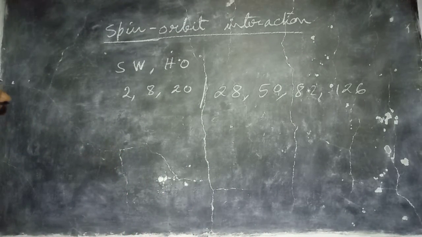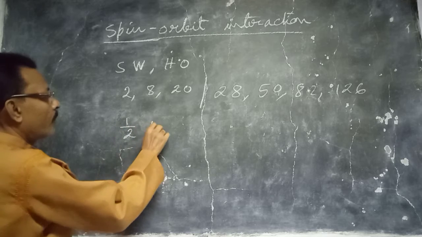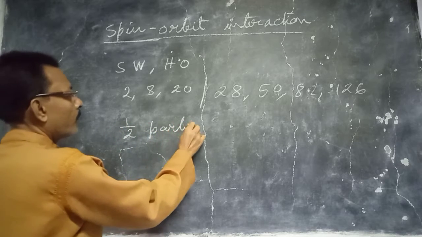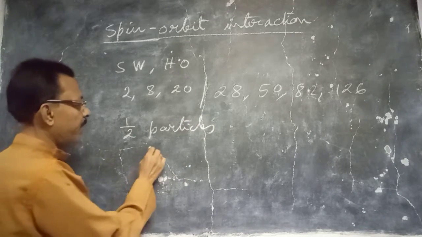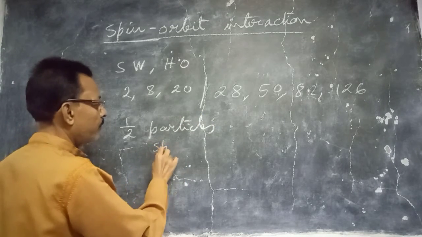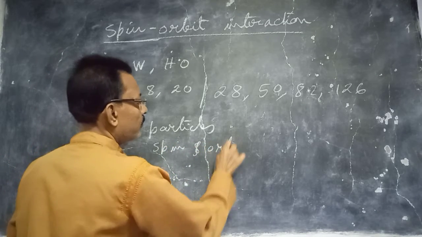As it is well known, the nucleons are spin half particles, and there is a very strong interaction between the spin and the orbital angular momentum.